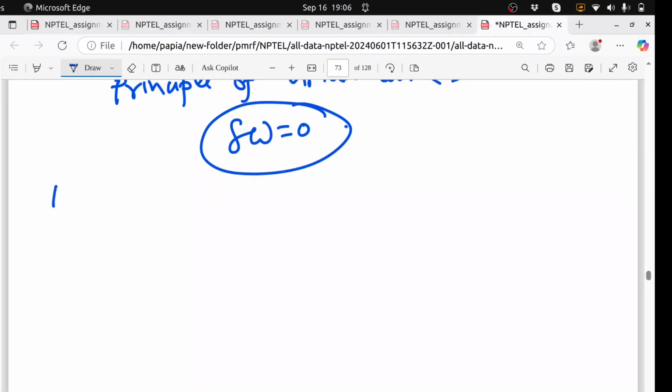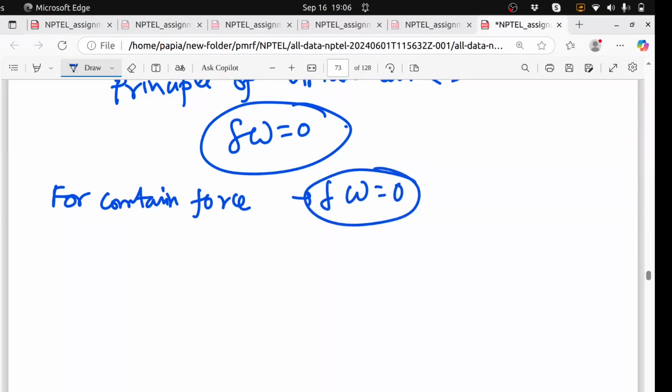So for the constraint forces, we know that they are not doing any work. So if I take care of the virtual work in our calculation, then we can safely neglect the constraint forces, because constraint forces do not do any virtual work.